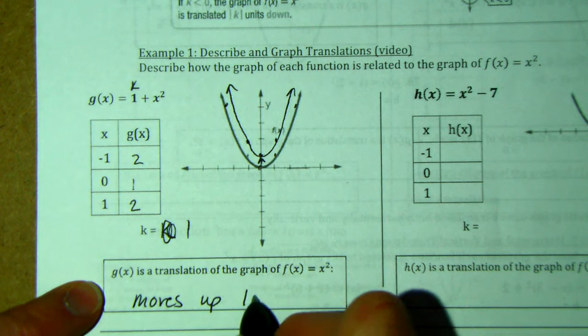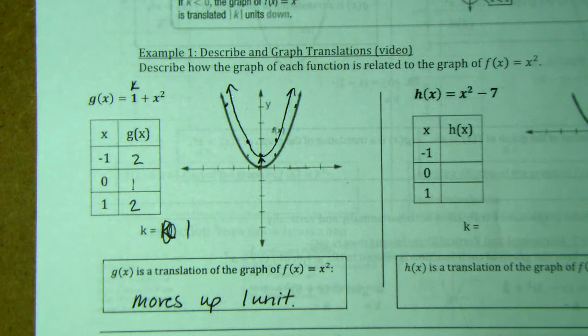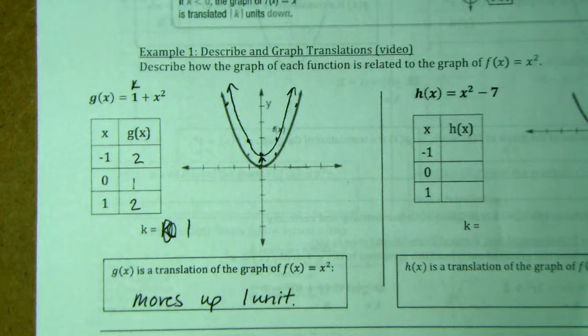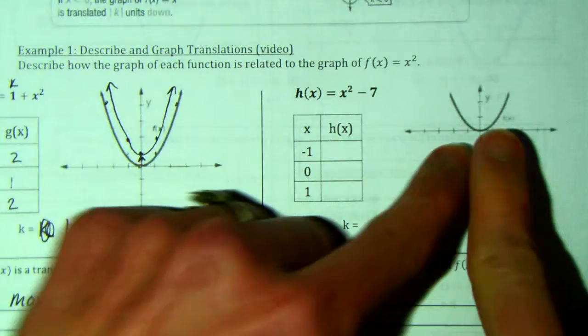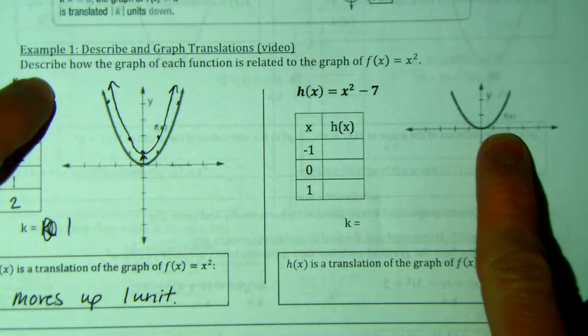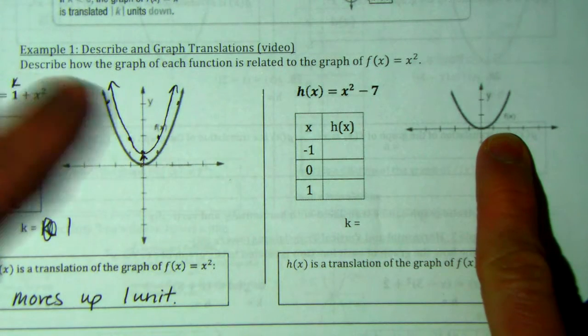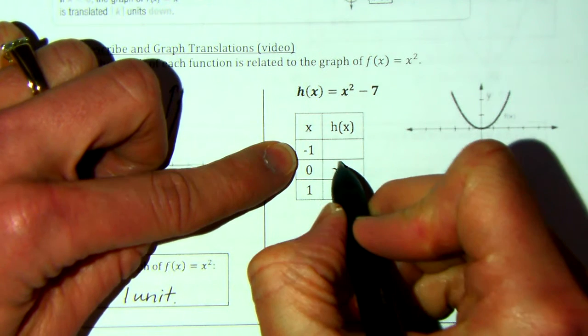What happens? Okay, look at the second example. X squared, that's our parent function, and it's graphed in there. X squared minus 7. What do you think is going to happen? It should go down 7. But just for the sake of this, putting in 0, I get negative 7. Putting in negative 1, square it, gives me 1. 1 minus 7 is negative 6, and so will this be.